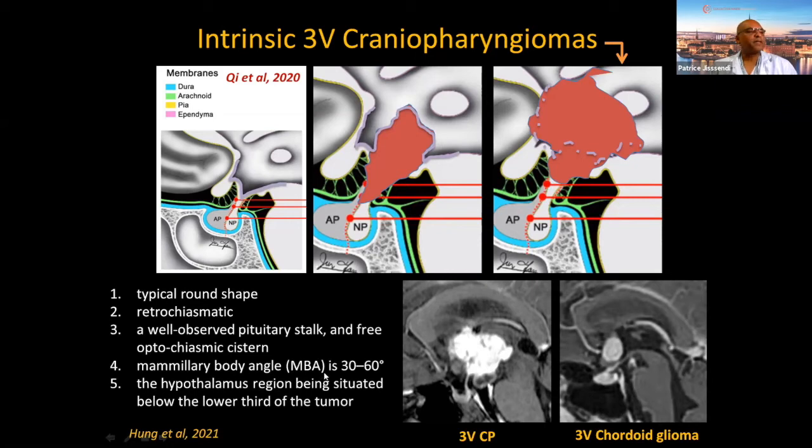And the third ventricular craniopharyngioma is a rare tumor. It accounts for only 0.7% to 40% of tumors, and is really intraventricularly located. So one of the first differentials is the third ventricle chordoid glioma, which shows extremely similar features, except that there is no cyst associated with this one.